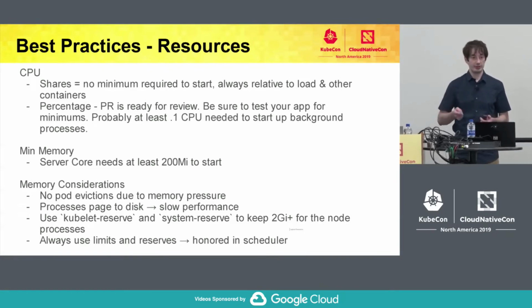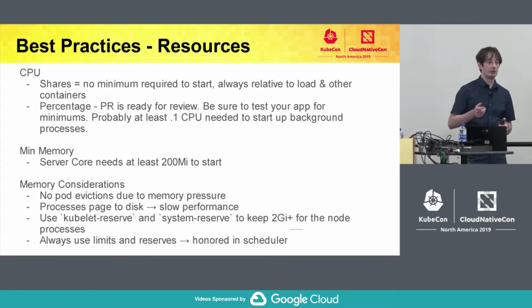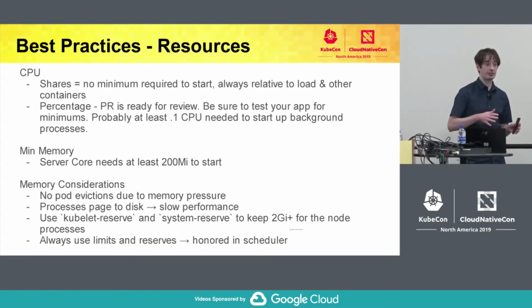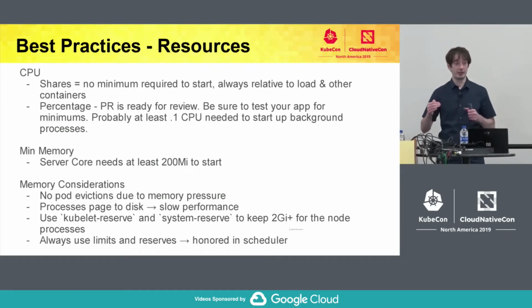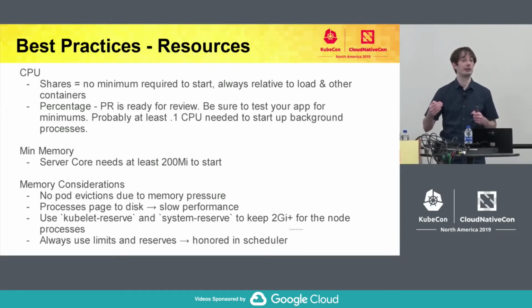The initial implementation of CPU, when we started on Windows Server 2016, didn't have CPU percentage implemented, but it did have shares implemented. What that meant was, on a fully loaded system, the amount of time given to each container was proportional, but it didn't mean that you could set a particular cap on a container. It could always burst past whatever that threshold is.